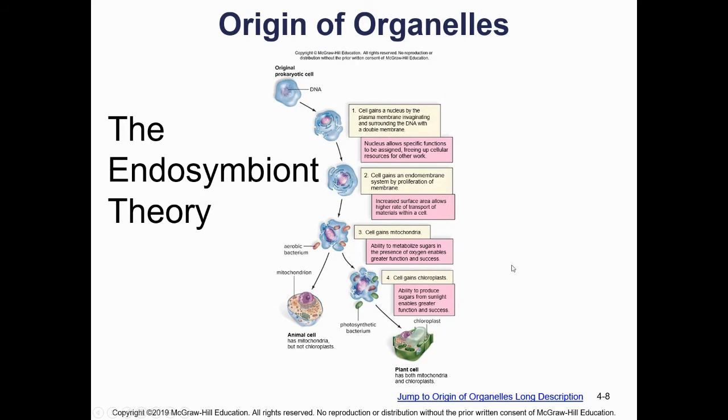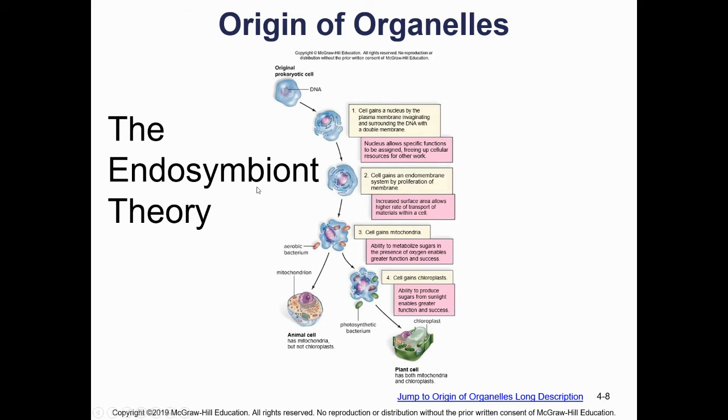So all that evidence together supported Lynn's hypothesis that our mitochondria and our chloroplasts started as a symbiotic relationship that benefited both of these organisms. And eventually, over evolutionary history, over millions of years, that partnership became so firmly established that the mitochondria are no longer a free-living organism. They are now part of the eukaryotic cell. Same thing with chloroplasts.